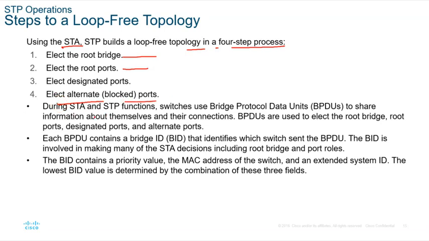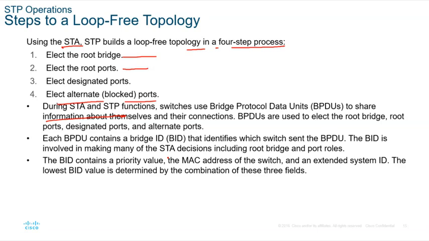During STA and STP functions, switches use what we call BPDUs, bridge protocol data units, to share information about themselves and their connections. When switch 1 and switch 2 are connected together, they have to communicate. By default, STP is enabled, okay?